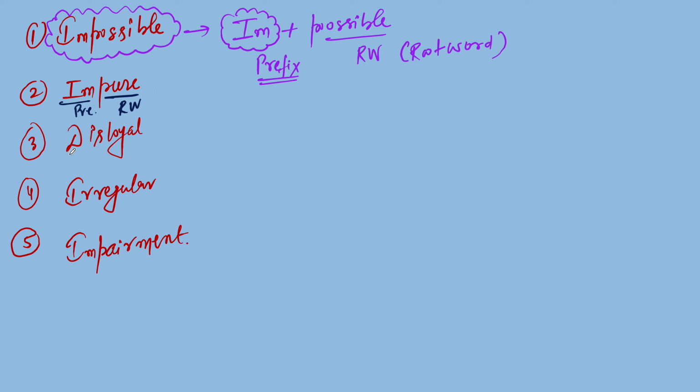In this word, tell me, what is this? It is a prefix, and this is a root word. Is it clear or not? Now tell me, in this word, what is this and what is this? IR is what?